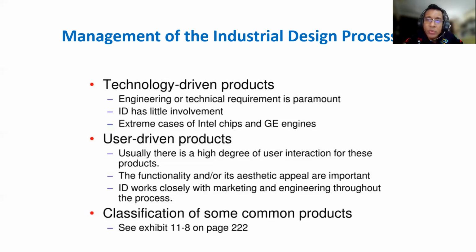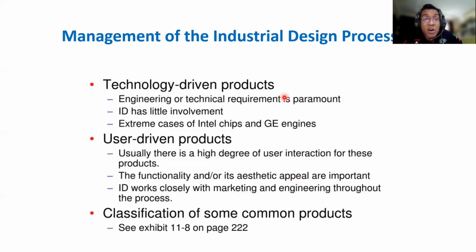Okay, number 2 is the user driven. You can see here the user-driven product is based on the user's satisfaction. So the user-driven product is derived from the functionality, their function.